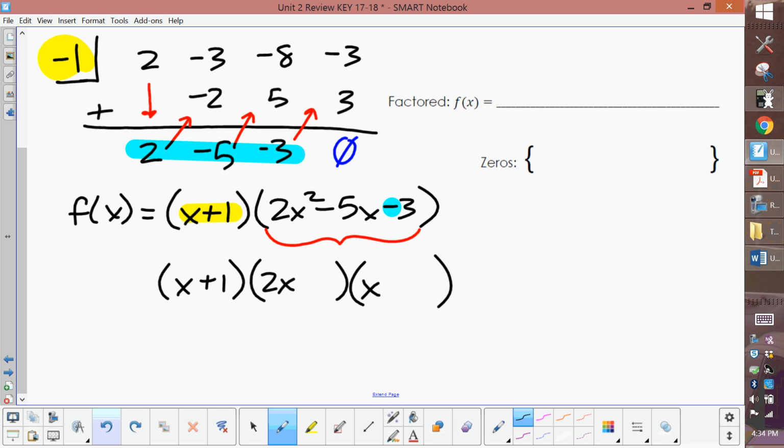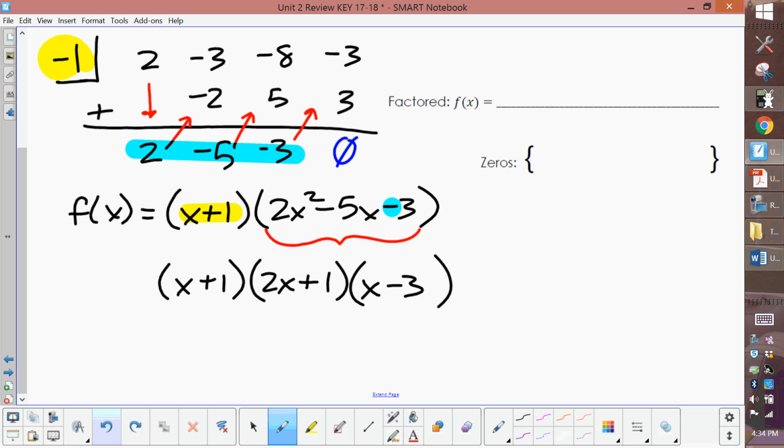The last terms are going to multiply to give me a -3, but since it's negative, I know my signs have to be different. Let's go plus and minus, and I might have to flip-flop those. And then numbers that multiply to 3. It's either 1 and 3 or 3 and 1. I'm going to go 1 and 3.